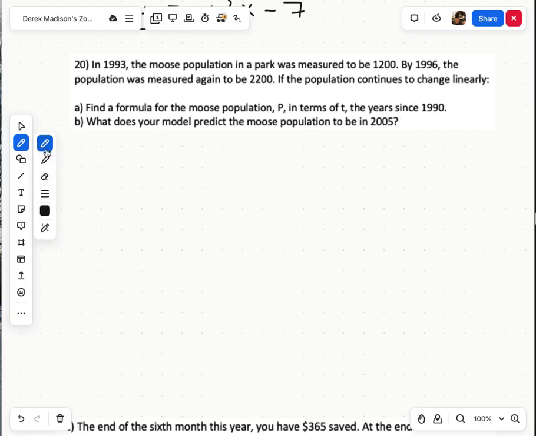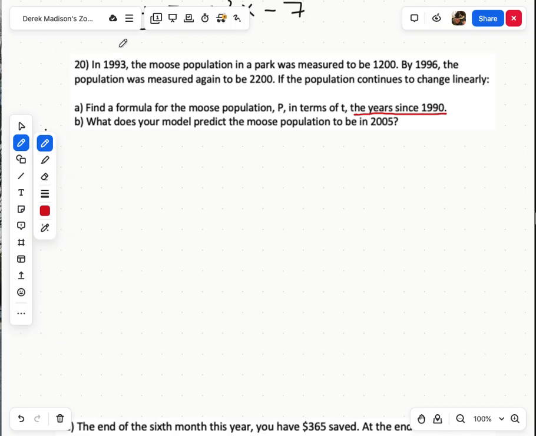The first one is right here, the years since 1990. So instead of using these giant numbers, 1993 and 1996, to set up our equation, they're simplifying this a little bit and saying start counting at 1990, so that would be t equals 0.